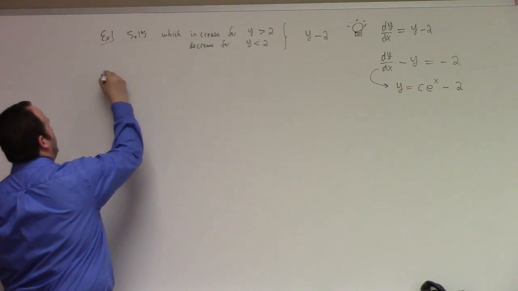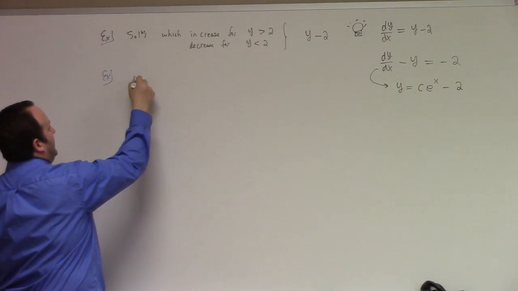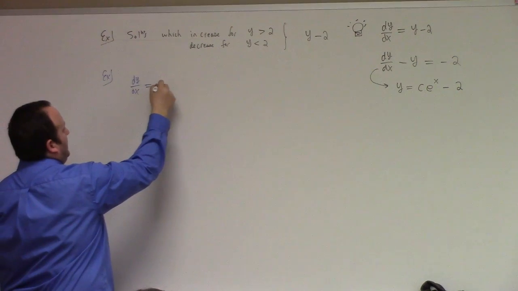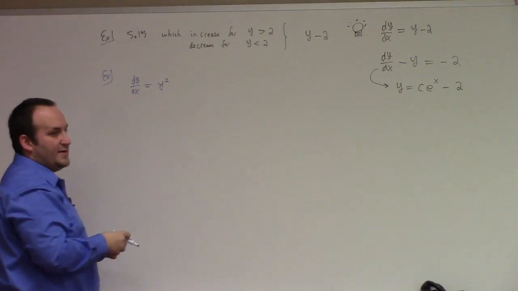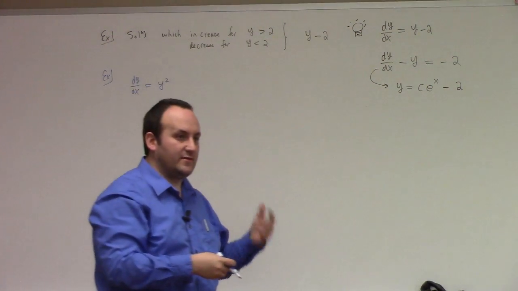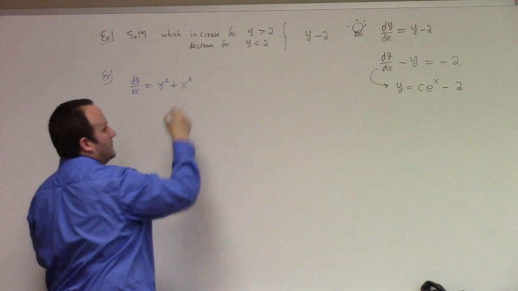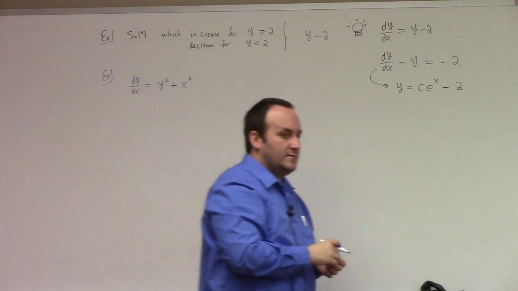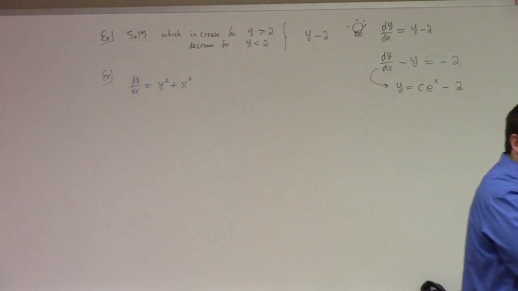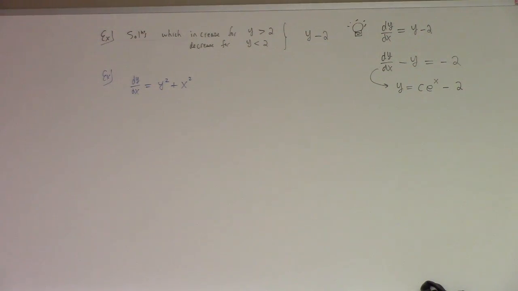Here, one more example before I get to the punchline. If I have dy dx equals y squared, what could you say about the solutions to that just by looking at that equation? Or here, even this: y squared plus x squared is what? It's a circle, if we set it equal to a constant.